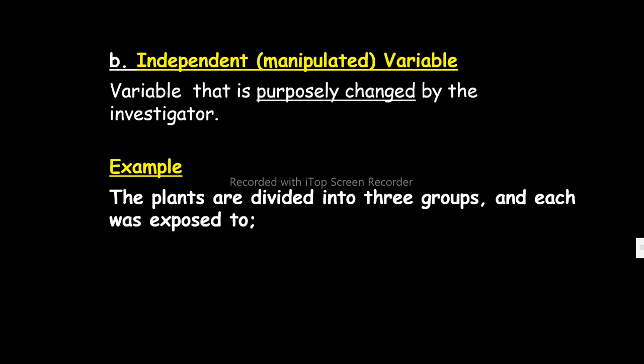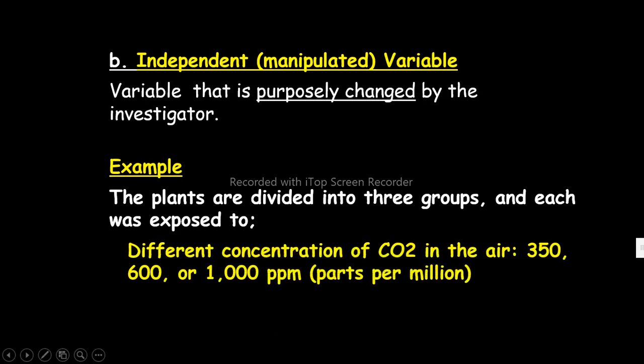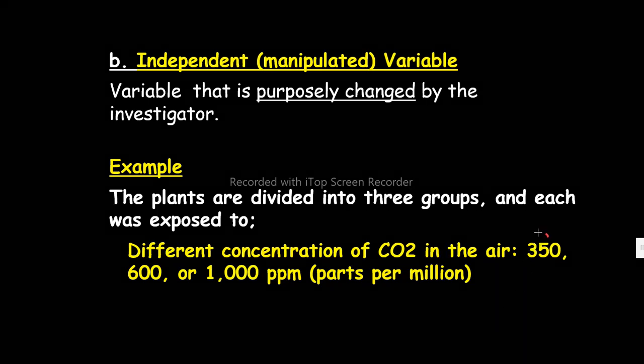That's all, guys. So the carbon dioxide concentration becomes the independent variable, or the manipulated variable. So different concentrations of carbon dioxide in the air, for example, 350 ppm, 600 ppm, and 1000 ppm, are supplied to these three groups, whereby group A is given 350 ppm, group B is given 600 ppm, and group C is given 1000 ppm.